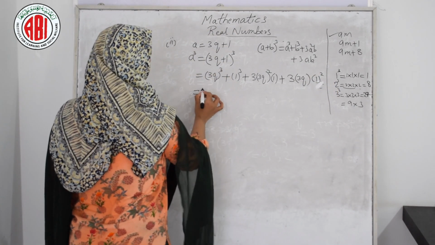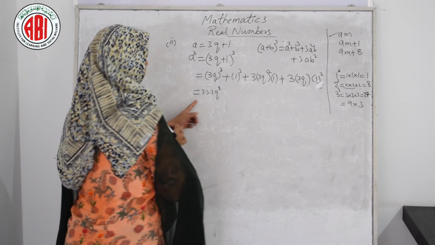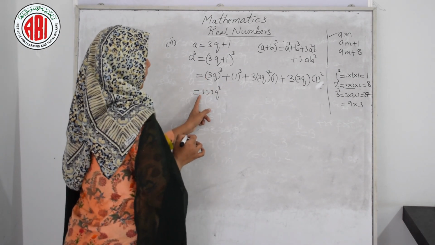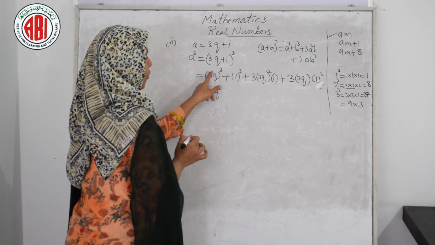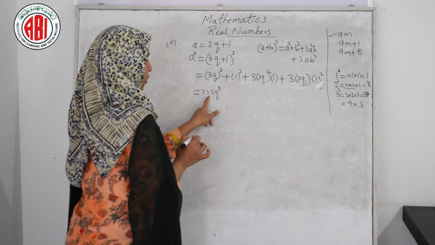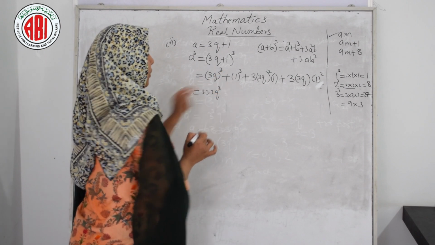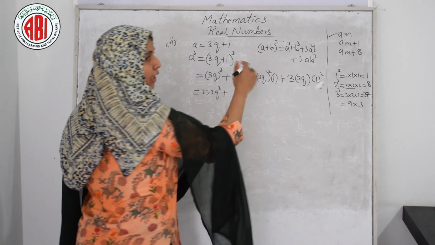Now again 3q cube, we are writing as 3 into 3 into 3 into q cube. This 3 is applied for both this 3 and q also. For 3 we are applying cube, and for q also we have to apply cube. Plus 1 cube means 1 into 1 into 1.